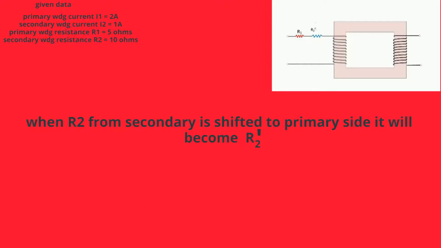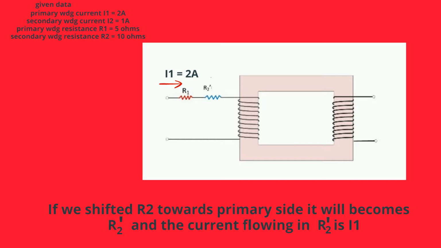And now we are shifting the secondary resistance R2 towards the primary side. Now R2 becomes R2 dash. The current flowing in R2 dash is nothing but the primary current I1, that is 2 ampere.